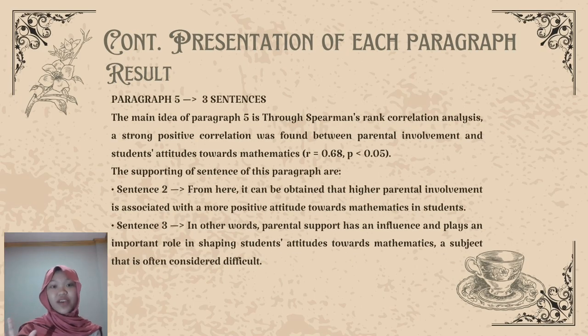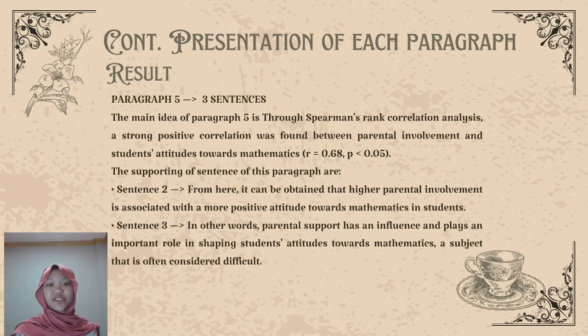In paragraph 5 of the results, I have 3 sentences. The main idea of paragraph 5 is through Spearman rank correlation analysis, a strong positive correlation was found between parental involvement and students' attitude toward mathematics, with r equals 0.68 and p less than 0.05.